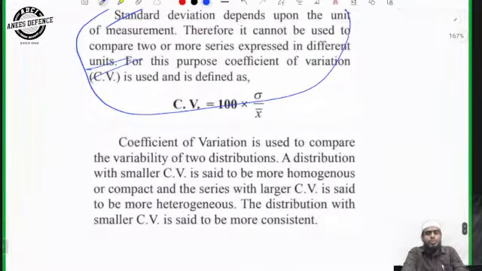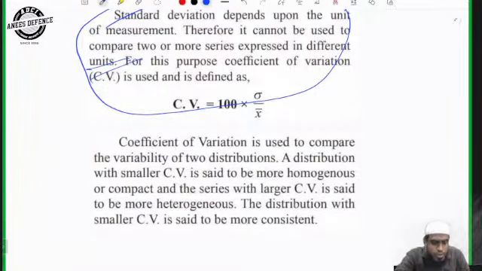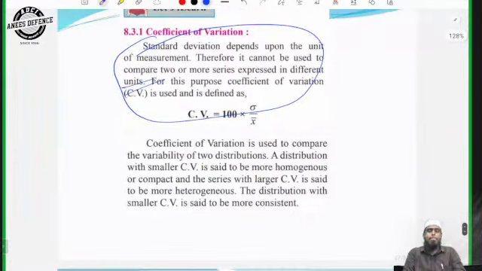Coefficient of variation CV is equal to 100 into sigma by x bar. That is known as coefficient of variation. By coefficient of variation, we can compare two different distributions.